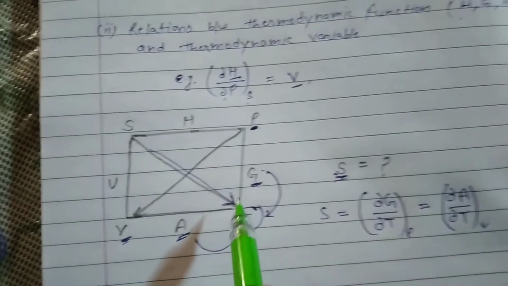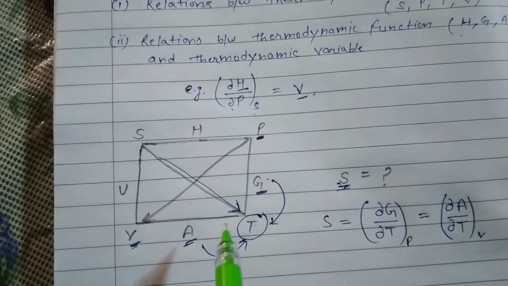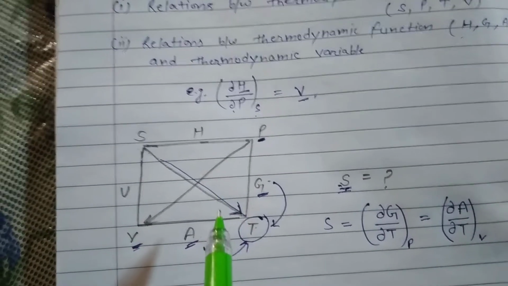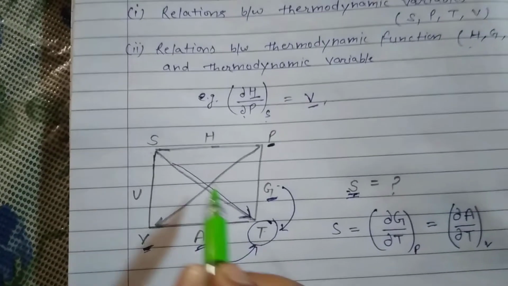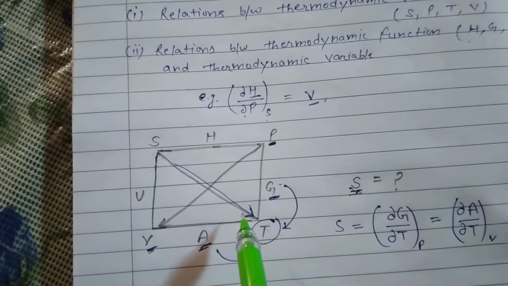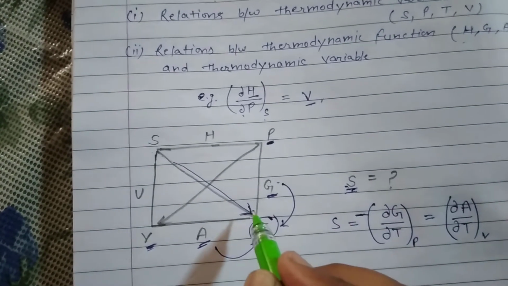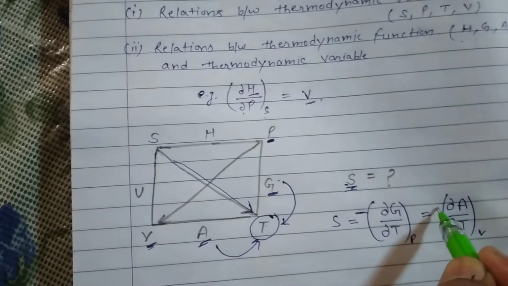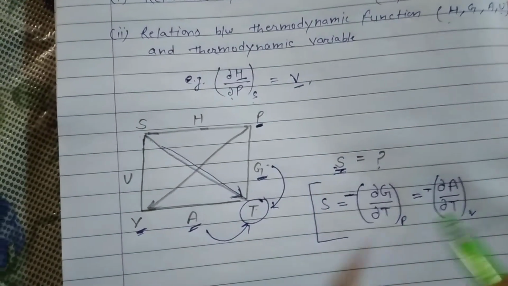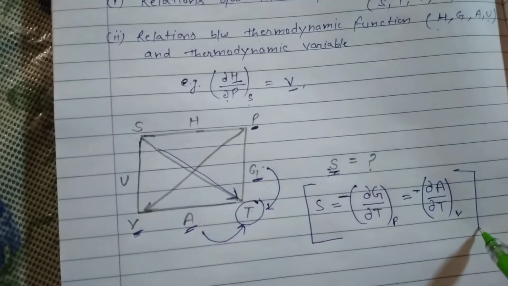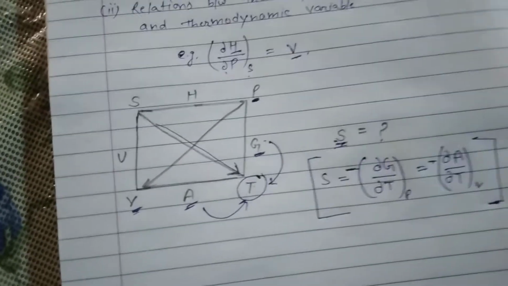As I already told, if any arrow is directed towards it, then the sign will be taken as negative, and if there is no arrow, then the sign will be taken as positive. Here we can see that the arrow is directing towards the temperature, so the sign will be negative here, and here also the arrow is directing towards the temperature, so here also the sign will be negative. So this is the relation between the thermodynamic functions and the thermodynamic variables, and things will be clearer when we solve more problems.